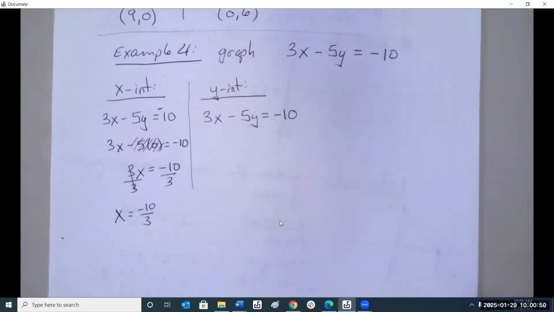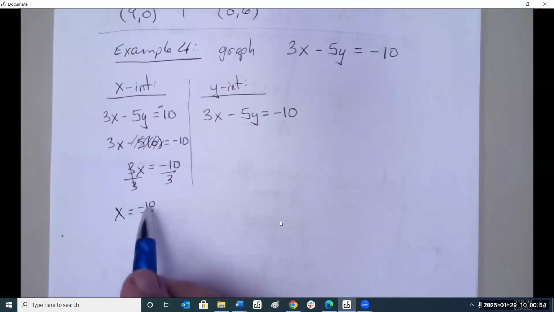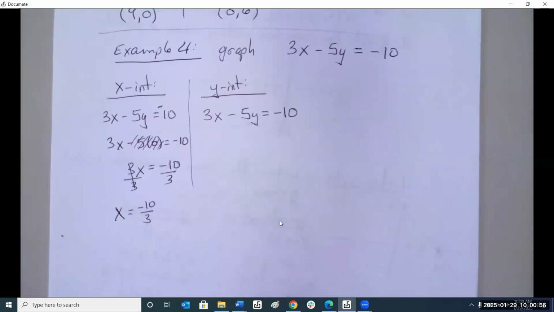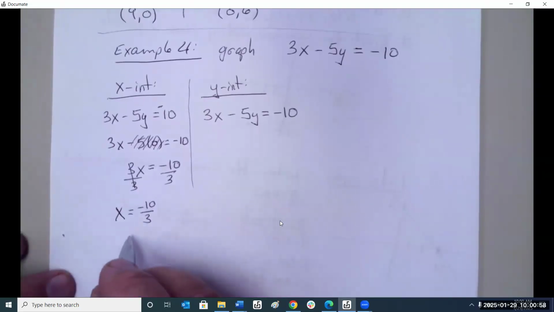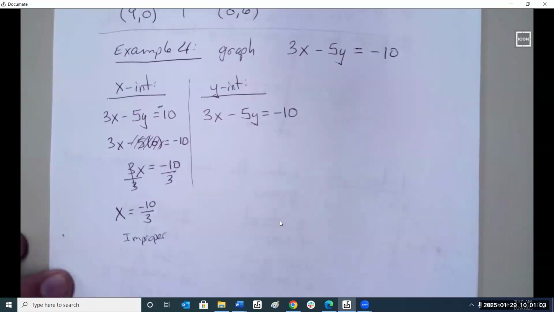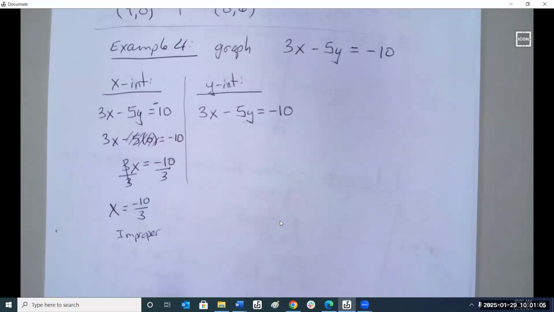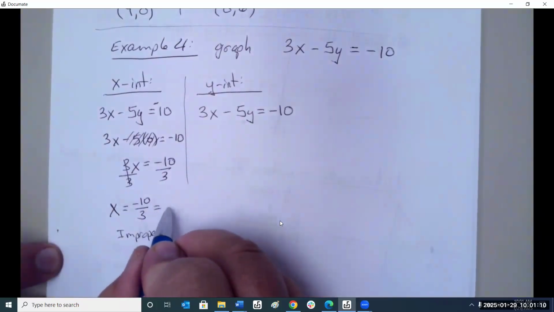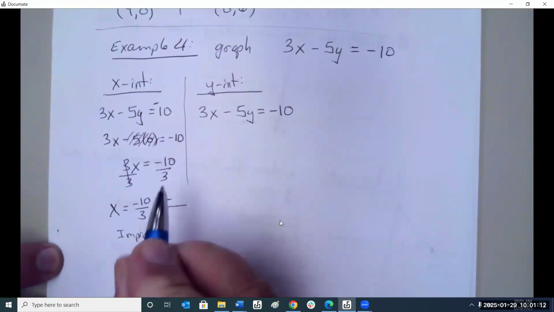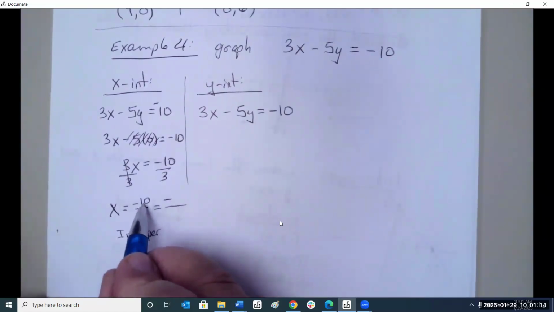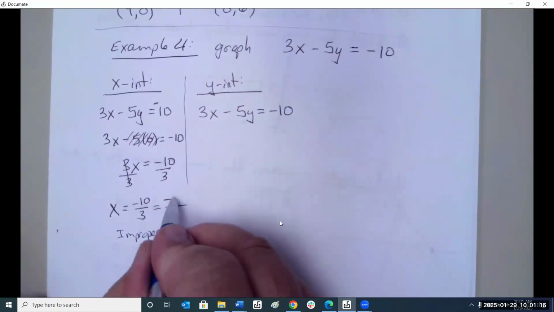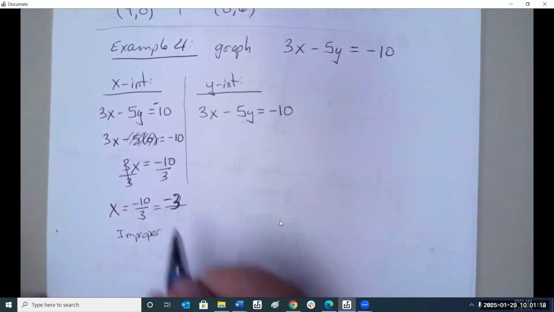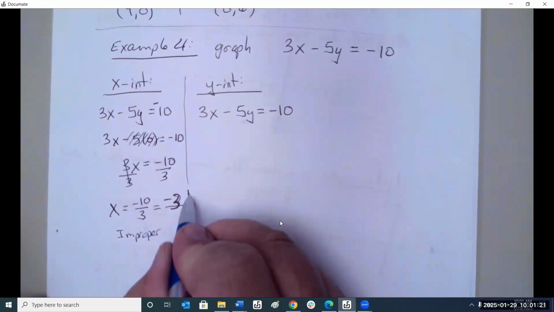Since we're graphing, and also this is a rule of mathematics, what kind of fraction is this? If the top number is bigger than the bottom, it's an improper fraction. Because the top number is larger than the bottom. How many times does 3 go into 10? 3 times. With how many left over? 1.